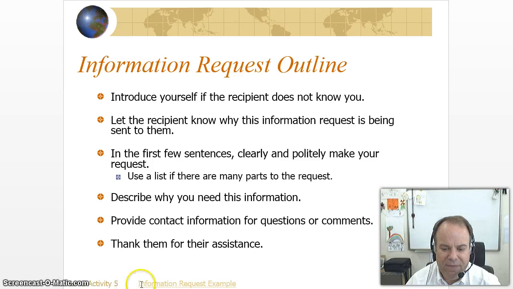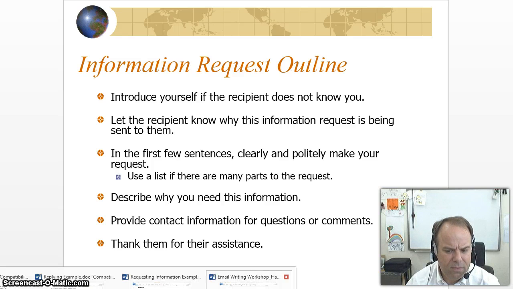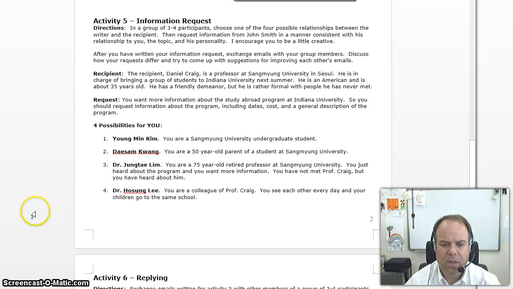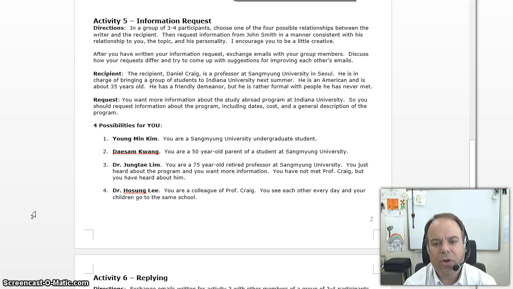So let's take a look at activity 5. So here, you're going to make an information request. So what I'd like you to do, and I know this is more of a group activity, but I think we can do this individually regardless, is pick one of the characters you see below.